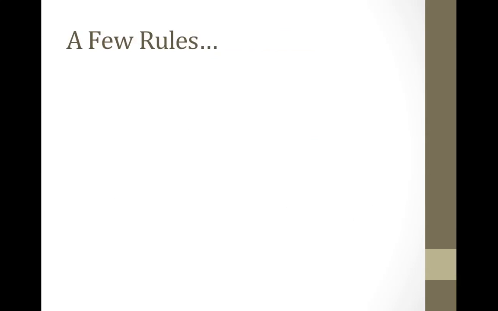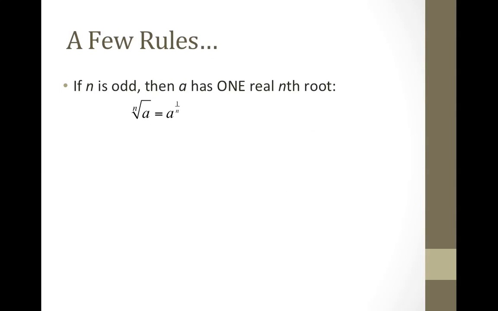A few rules that we need to follow when we're working with these. The first rule is that if n is odd, so the root that we're taking is odd, then we can expect there to only be one real nth root. So if I'm taking the cube root or the fifth root of something, there should only be one real root for the answer.